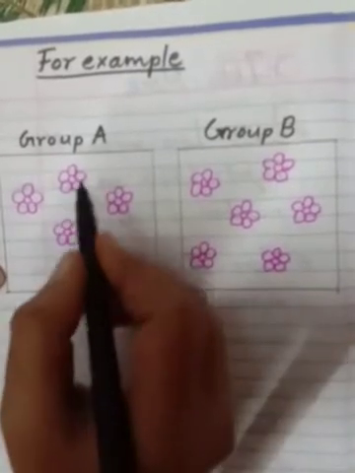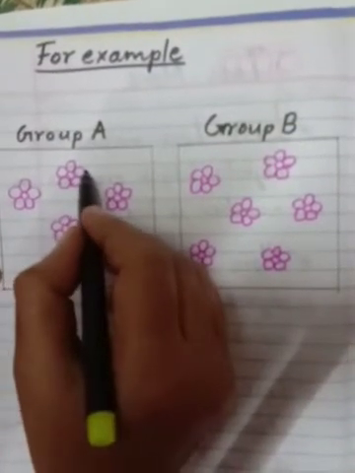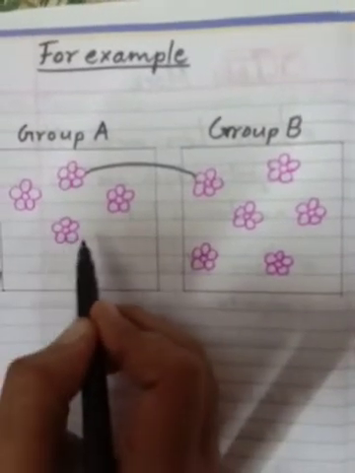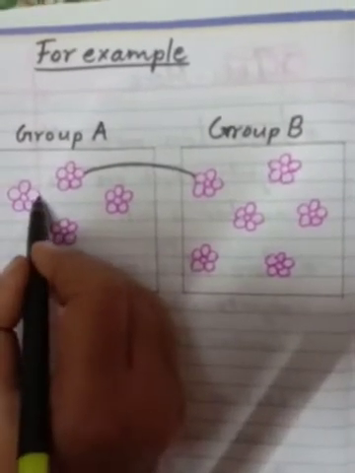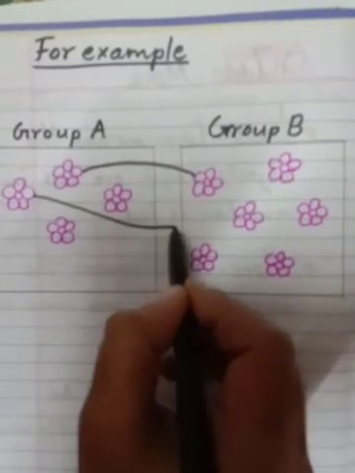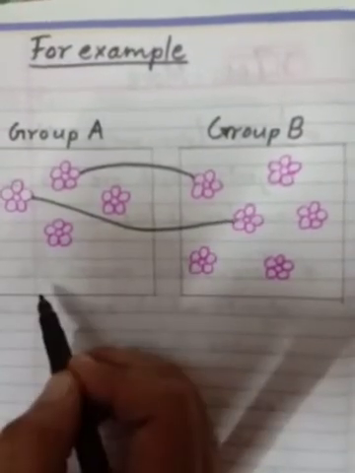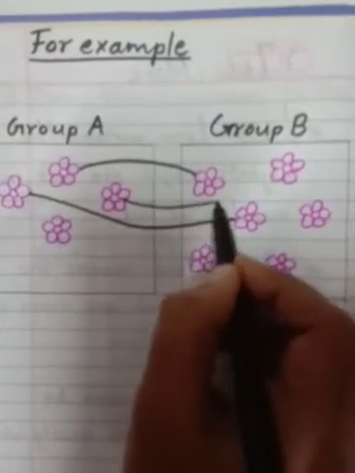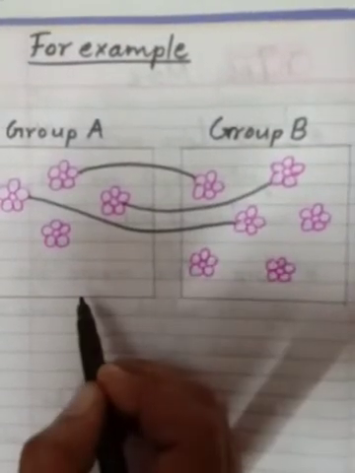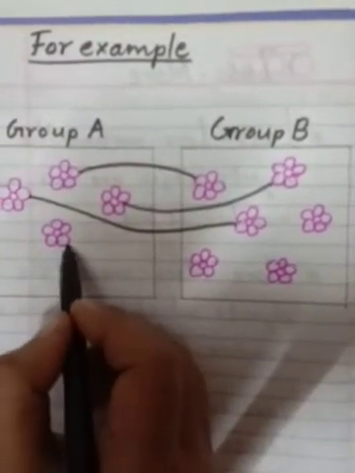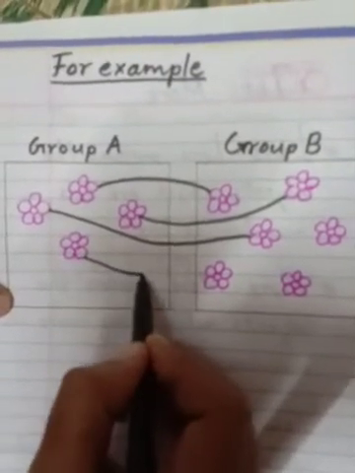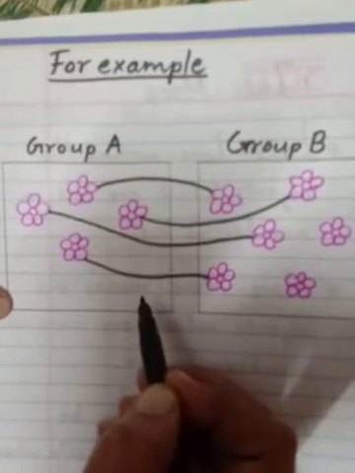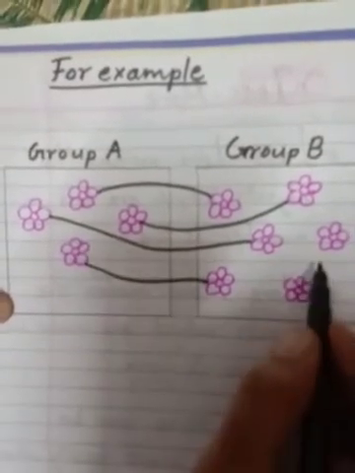Group A one flower with group B one flower. We are pairing. Okay children? Yes. Now we have paired.